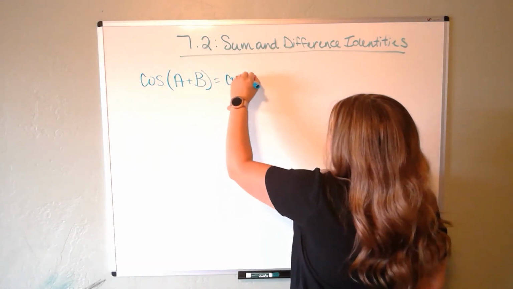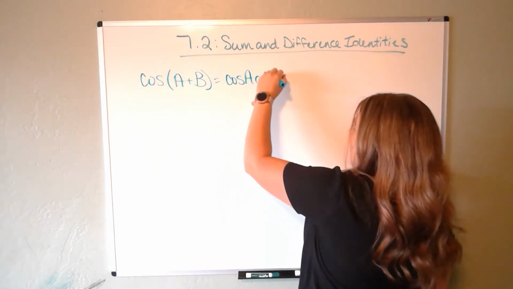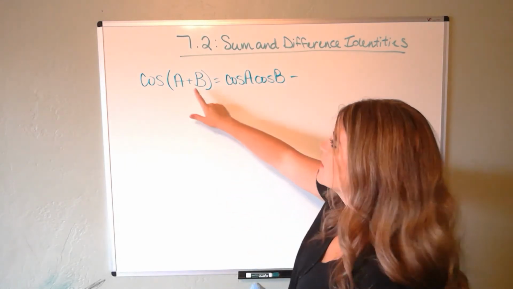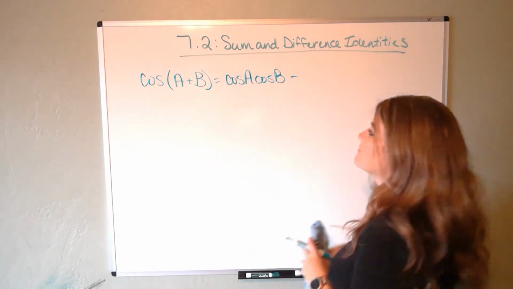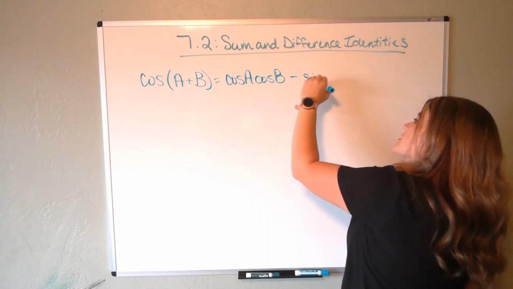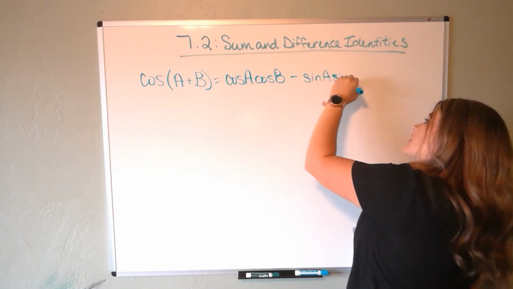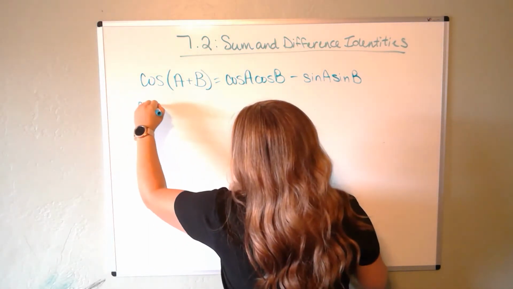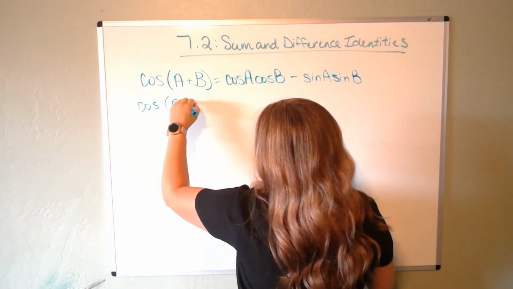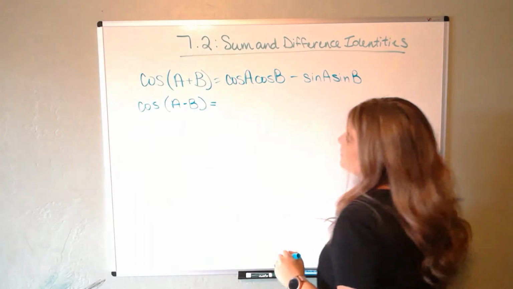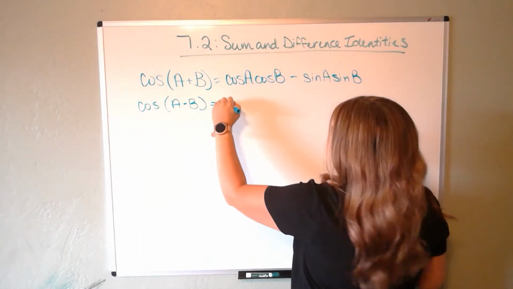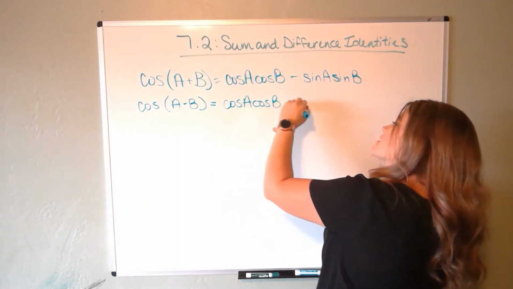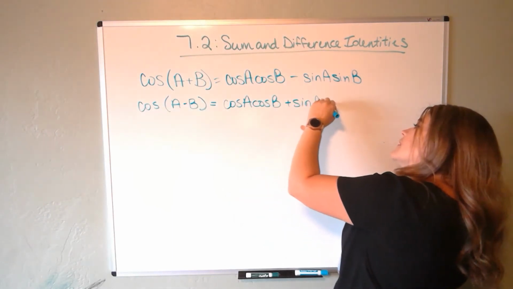It's going to be cosine a cosine b minus, so take note of that on the cosine problem, where this is a plus, this is a minus, sine a sine b. The cosine of a difference, so the cosine of a minus b, looks very similar. It's going to be cosine a cosine b plus sine a sine b.